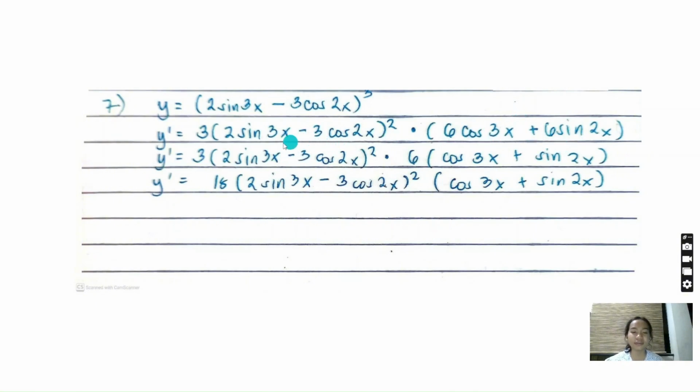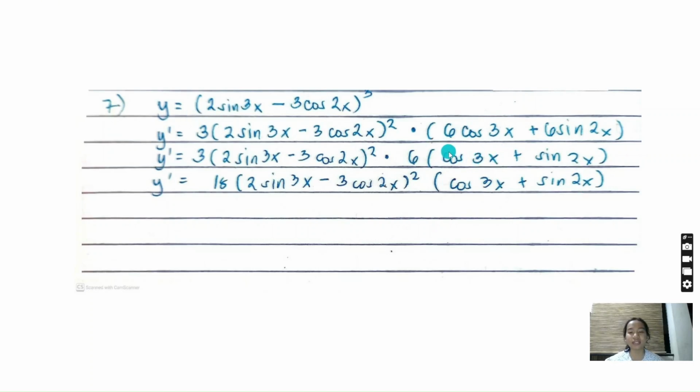So since it is in this form, we took its derivative of the outside, which is we multiplied 3 here and then we subtracted 3 by 1. So it becomes 2 there. We just copy the inside quantity. And then here we took the derivative of sine as cos.